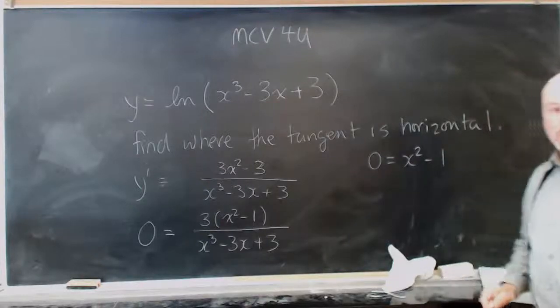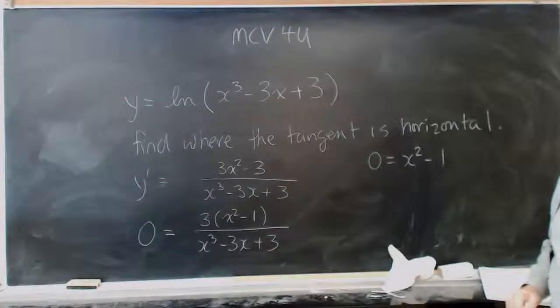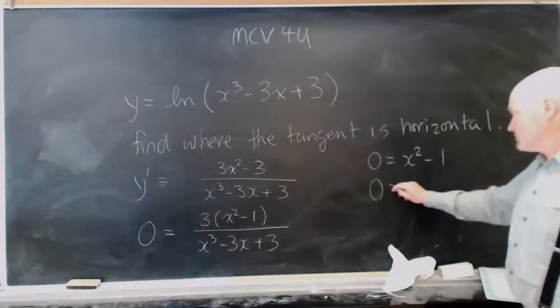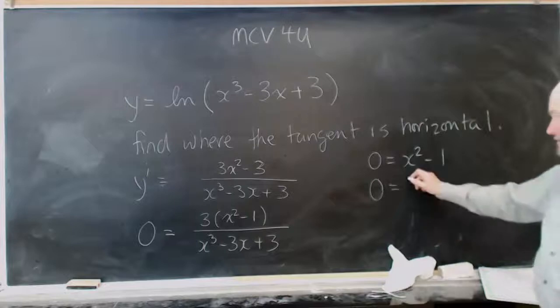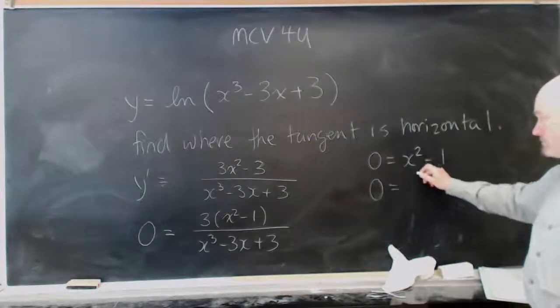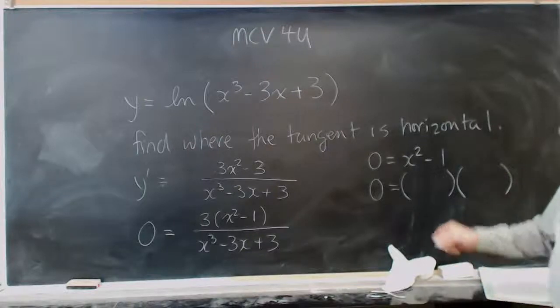So we're going to find out where x squared minus 1 is equal to 0. This one does factor. Do you know the factors for this one, Luke? The zeros are 1 and negative 1.